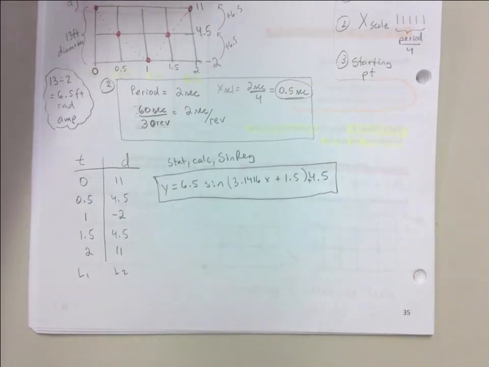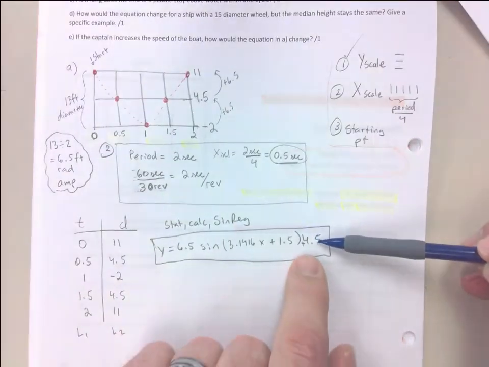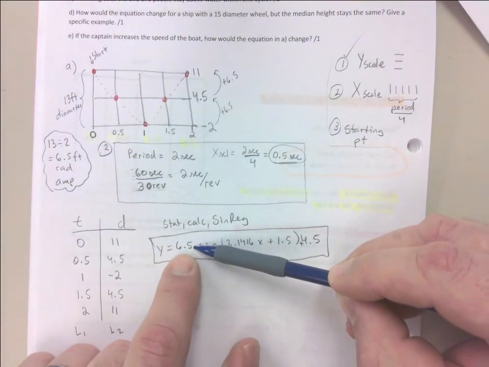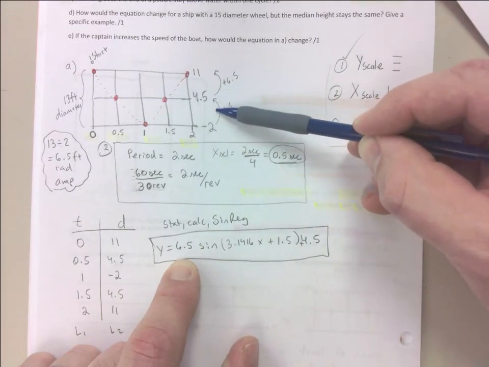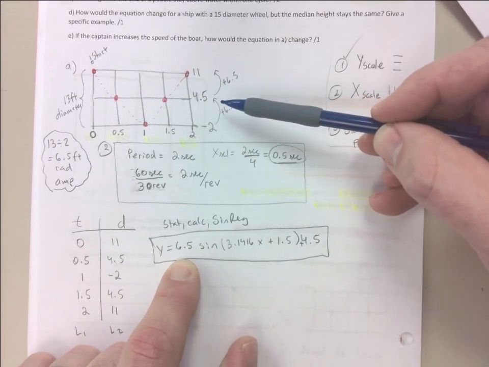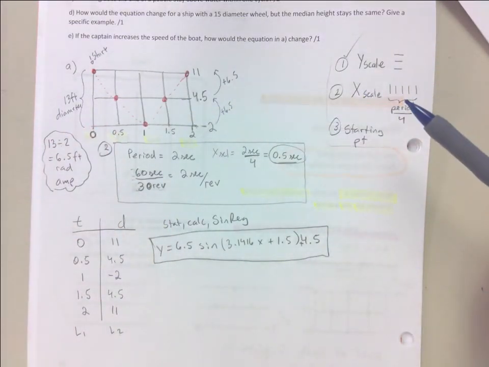If you look up here, we determined that that is our midpoint. And is 6.5, does that make sense? Yes, that's what we determined to be our amplitude, right? So if these numbers don't jive with what you've come up with, then something isn't right. You gotta go double check and make sure this adds up, okay?